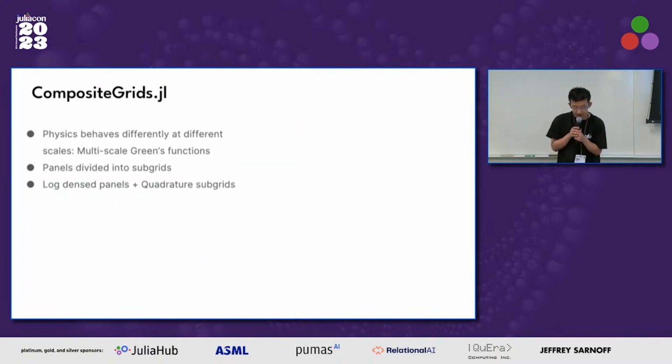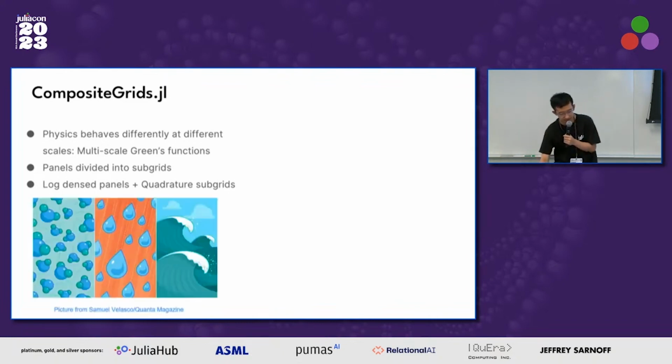The first package is the composite grids. The idea behind this package is that physics typically behaves differently at different length scales. For example, here we can have water molecule droplets and waves. This leads to multi-scale behavior in Green's functions.